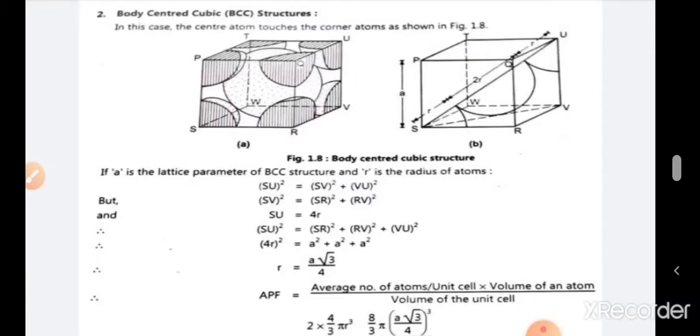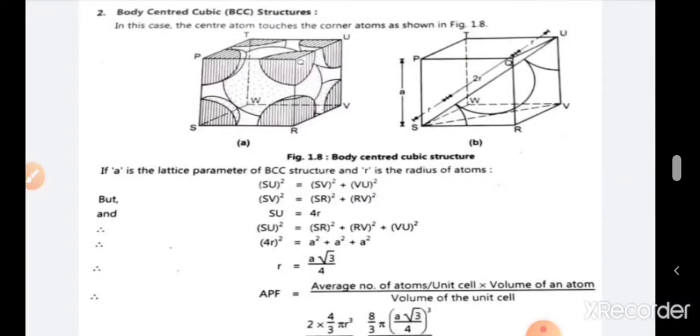Now we get one relation, that is SR square plus RV square plus UV square is equal to 3a square. Now we get another relation, that is 4r square, which is the value of SU square, is equal to 3a square. We have to find the relation between a and r.